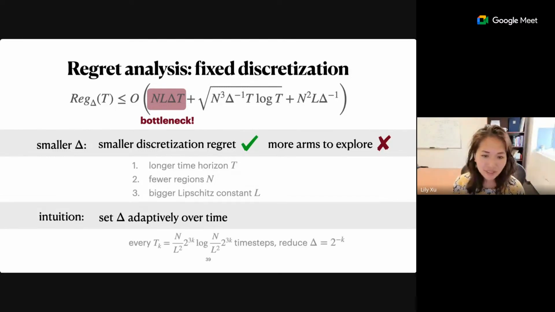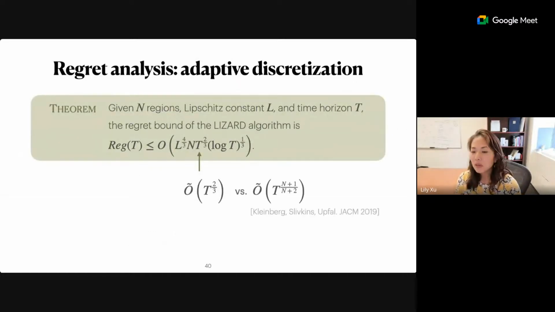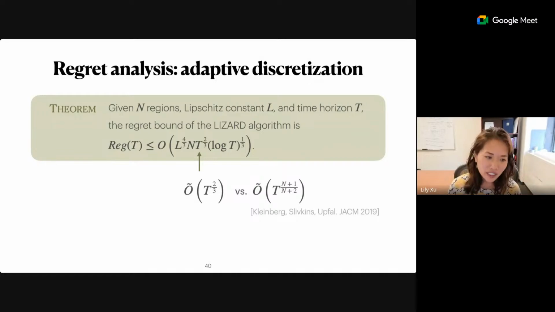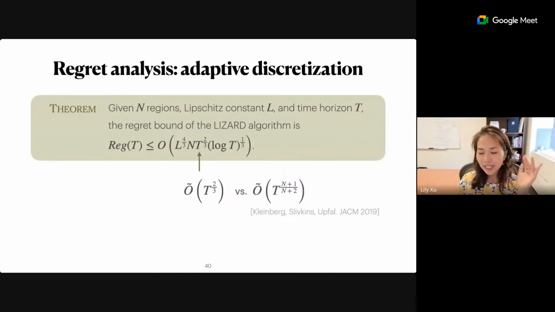To make the math work out nicely, we have this schedule where every T number of time steps, we divide delta in half. So we're iteratively subdividing our discretization in half and half again. Overall, this adaptive discretization approach gives us this nice regret bound that is independent of the number of regions that we have.